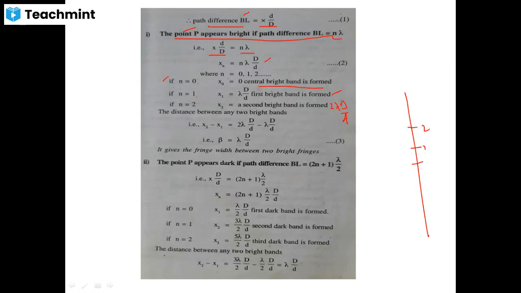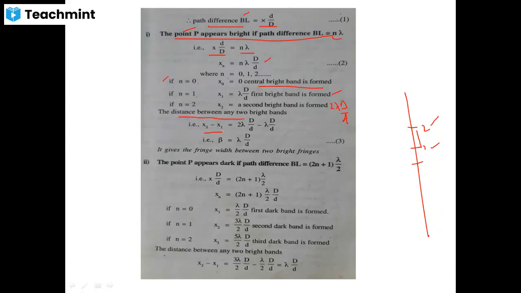What is fringe width? It is the distance between this bright band and this bright band. This distance we call the fringe width. So for that, we have to subtract one from the other. Therefore, the distance between any two bright bands is X2 minus X1.